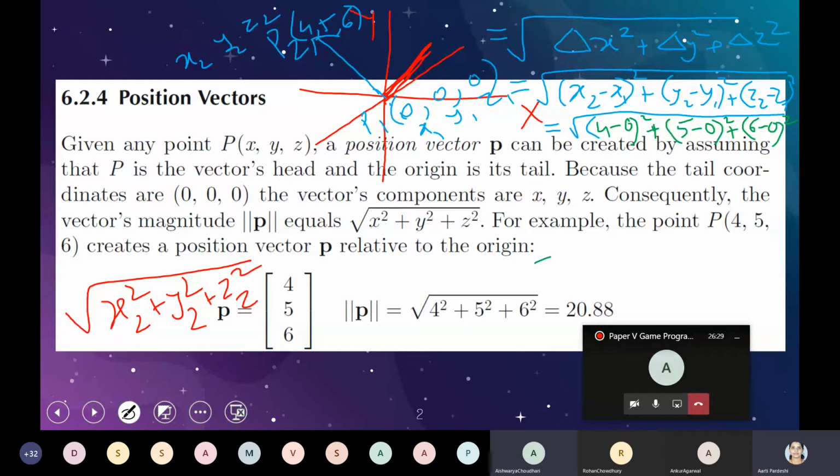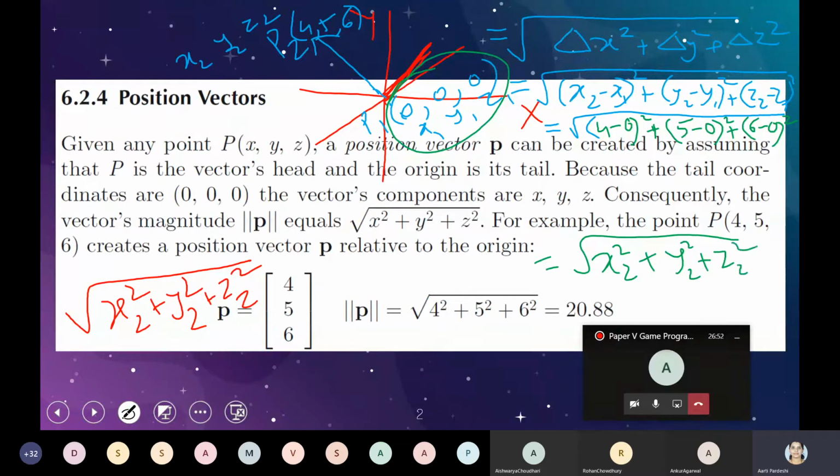It has always been observed that when you take any position vector, x1, y1 and z1 will always be 0. So in short you are writing x2 square, because the other terms are gone, and z2 square.